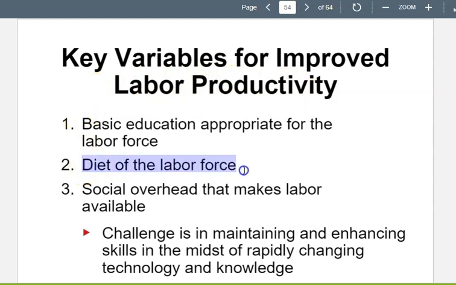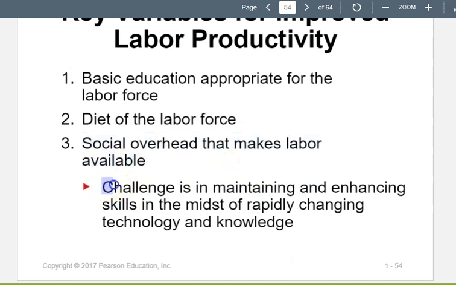Diet, we just talked about it, for the labor force, and social overhead that makes labor available: the challenge in maintaining and enhancing skills in the midst of rapidly changing technology and knowledge. And you can see it especially these days, especially in California, right?